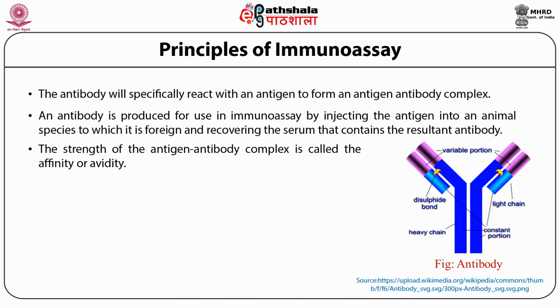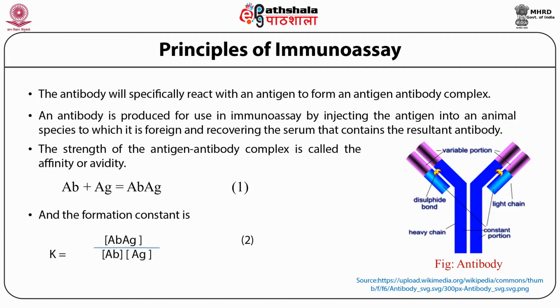We can write the overall binding reaction as Ab plus Ag equals AbAg, and the formation constant is K equals AbAg upon the Ab concentration times the Ag concentration. The formation constants are quite large, typically 10^8 to 10^10.